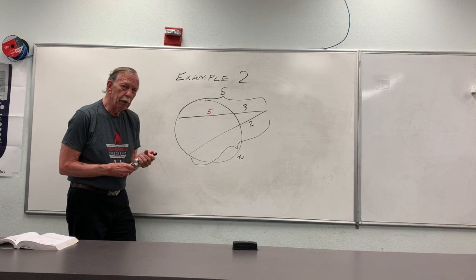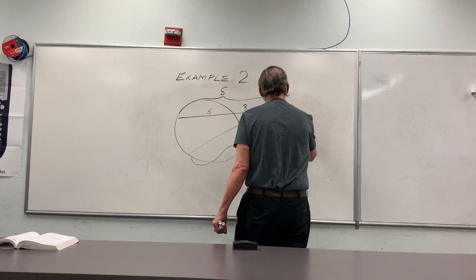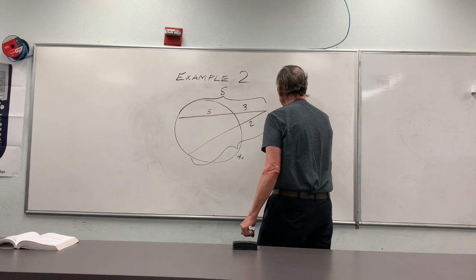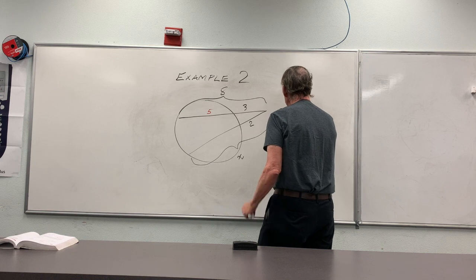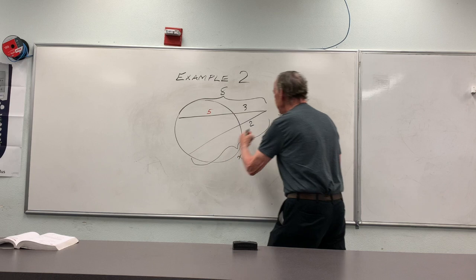When we use our formula, the little piece times the whole thing equals the little piece times the whole thing.